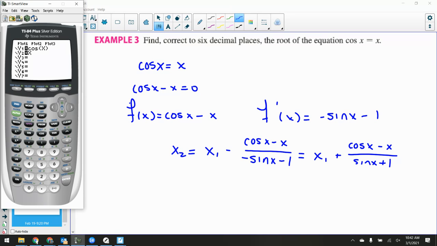Because honestly, look what I've got here: cosine of x and x. So that's my cosine curve, and then y equals x is just a diagonal line running through the first and thirds. So there's cosine.